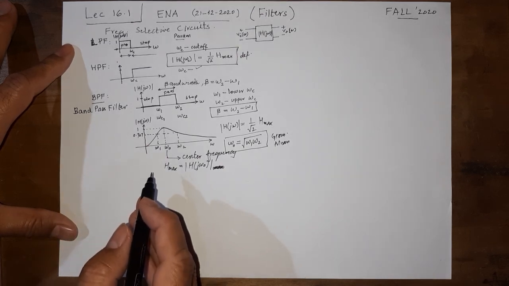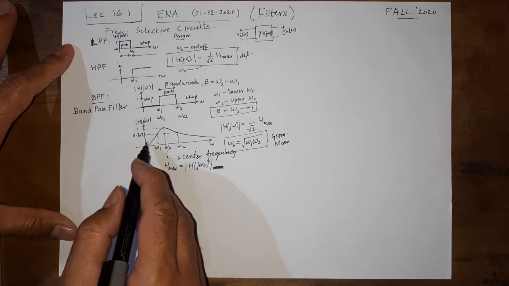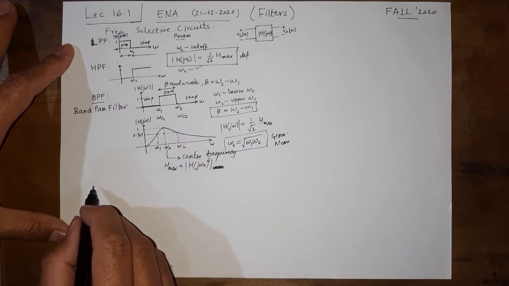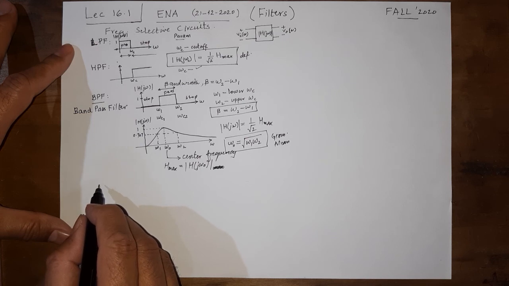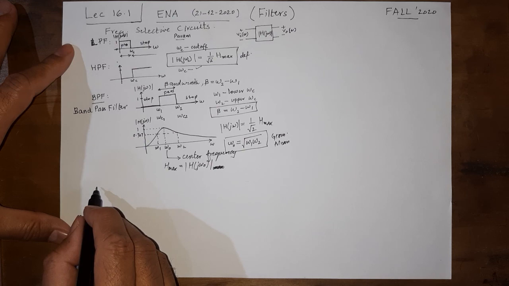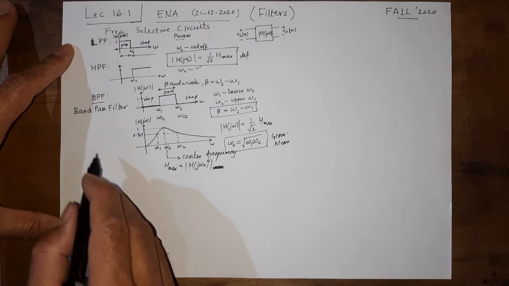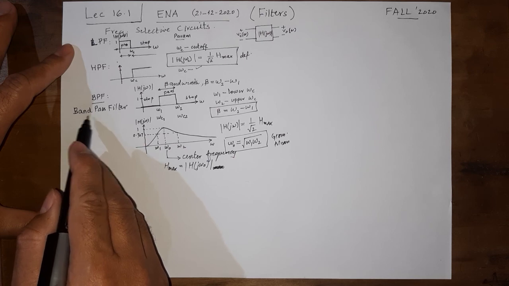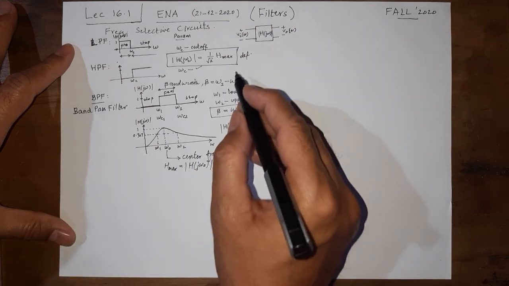Anyway, this is a band pass filter. So this is a practical band pass filter, and let us come up with a circuit which has a magnitude response of that of a band pass filter.